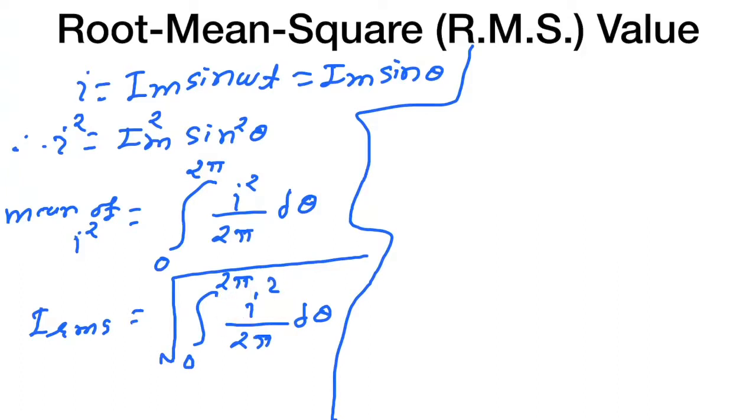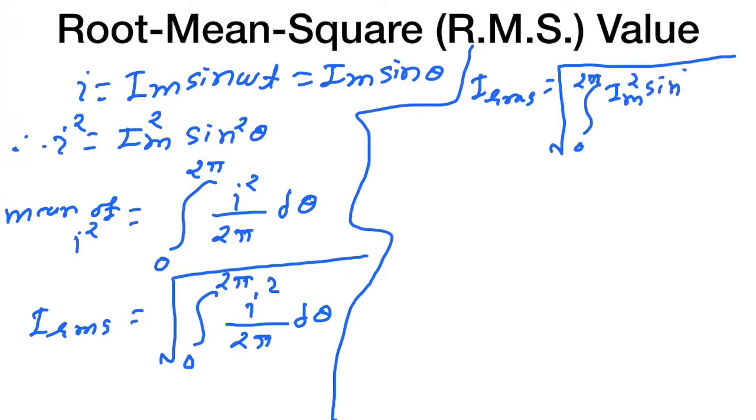We get I RMS is equal to square root integration 0 to 2 pi Im square sin square theta divided by 2 pi into d theta.